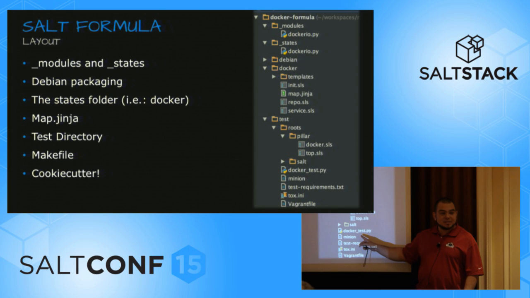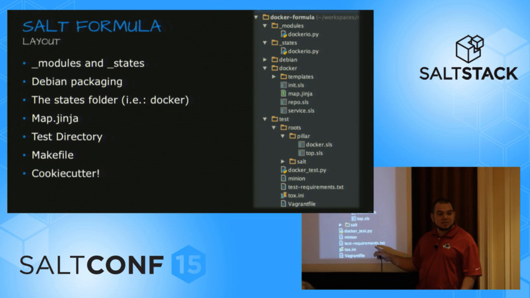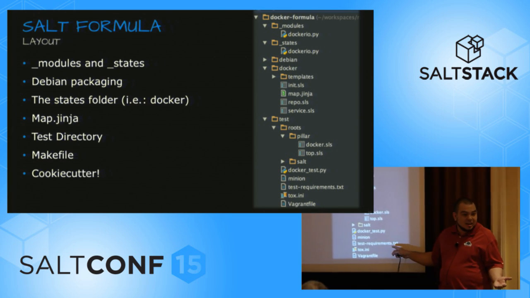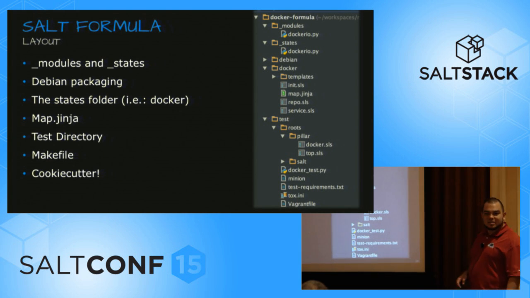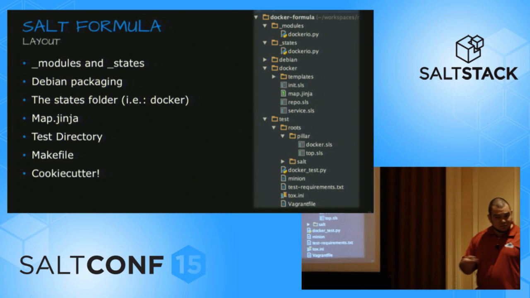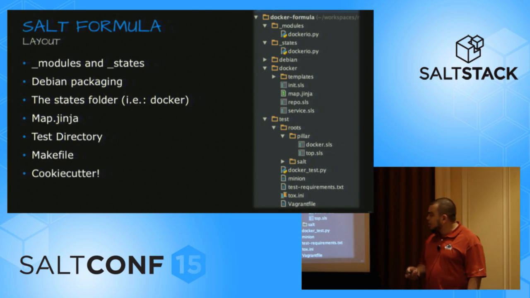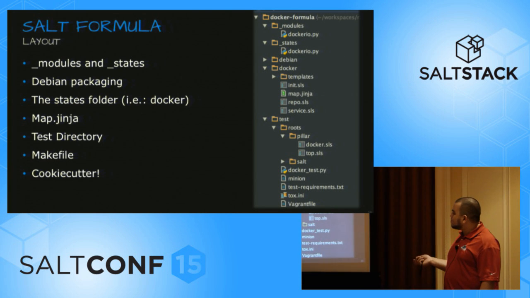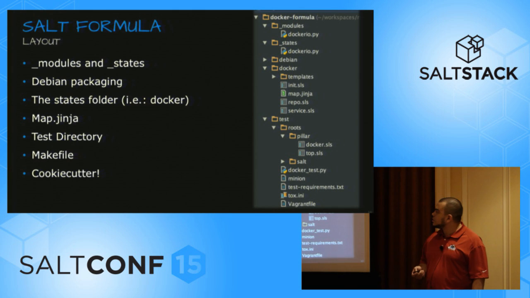In this file, I have a docker test.py, which lets me write functional tests against the environment. We have a test requirements file so that your functional tests can have their own Python dependencies. And we have a tox file and a vagrant file. And so I'll get into some of the stuff that tox does and nose test does. And if any of you are Python developers, you're probably already familiar with some of these tools.